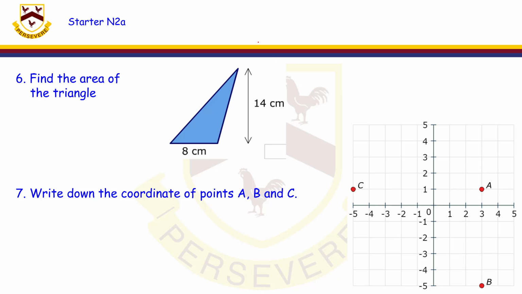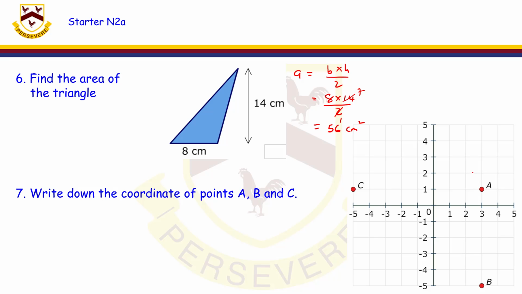Right, area of a triangle. Area of a triangle A is given by the base times the perpendicular height divided by 2. In this case, that is 8 multiplied by 14 divided by 2, which is equal to, well, there's a couple of ways of doing this. 2 goes into itself 1 time, 2 goes into 14 7 times, 8 times 7, 56 centimeters squared.